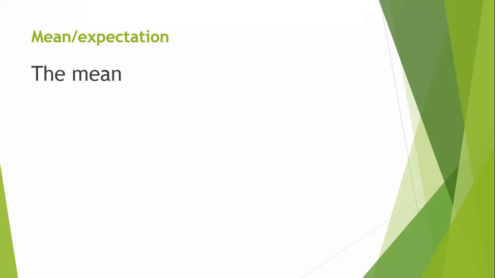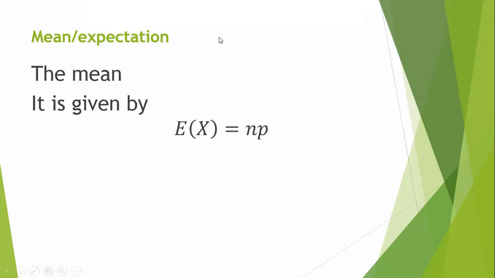The expected value of X, what we call the mean, is abbreviated as E of X, and it is equal to np, where n is the number of trials and p is the probability of success. So the mean is as simple as that: we just get the number of trials and multiply by the probability of success.